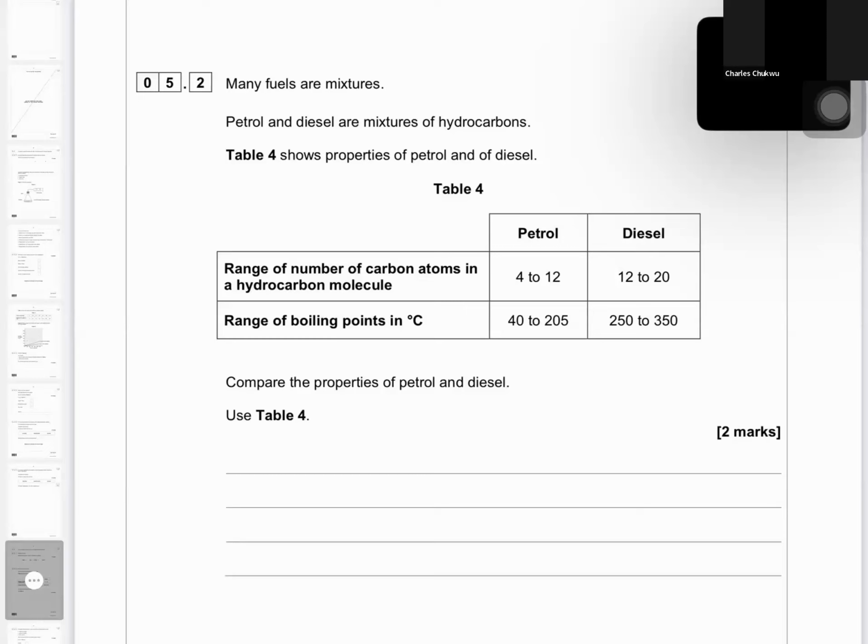Compare the properties of petrol and diesel. Well, it's quite clear that petrol doesn't have as many carbon atoms in a single hydrocarbon molecule as diesel has, right?